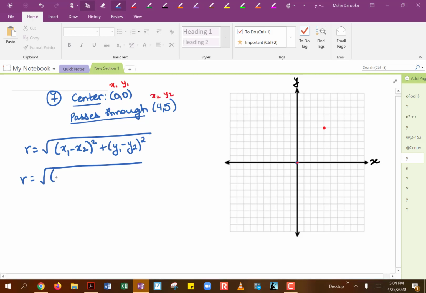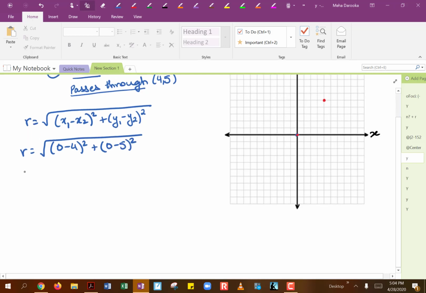So that would be 0 minus 4 squared for that first part, and then 0 minus 5 squared for the second part, and we would end up getting, let's see, 0 minus 4 would be negative 4 squared, 0 minus 5 would be negative 5 squared.